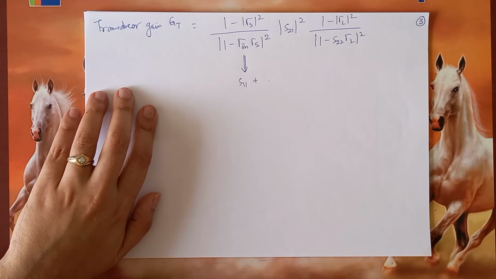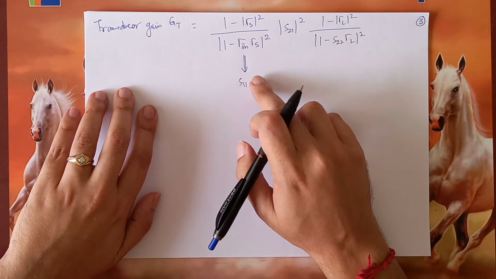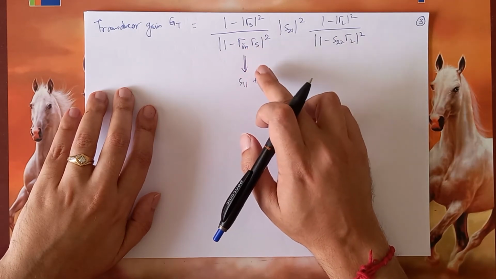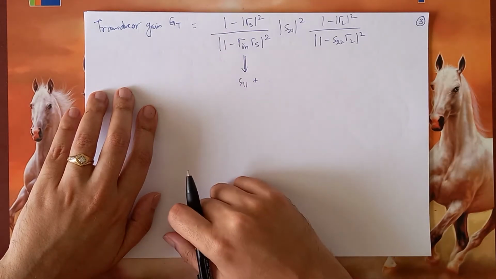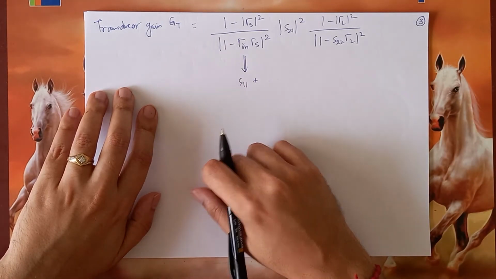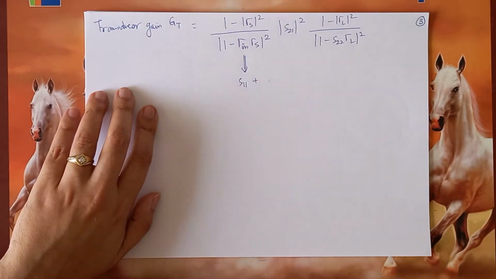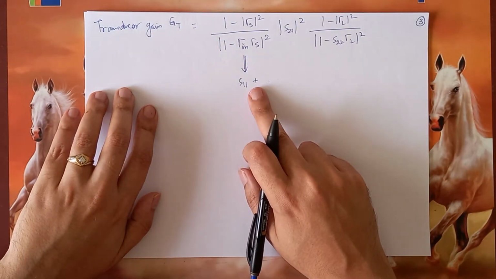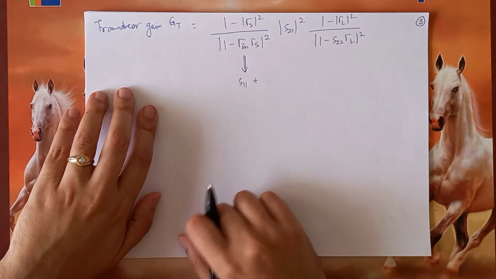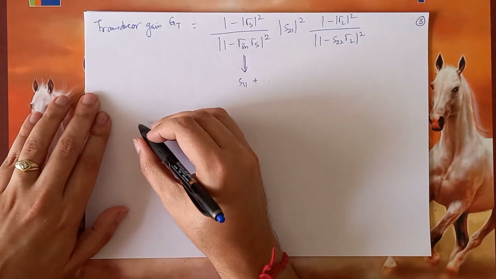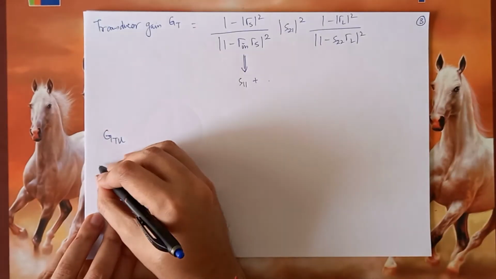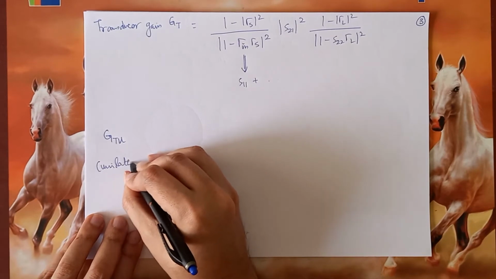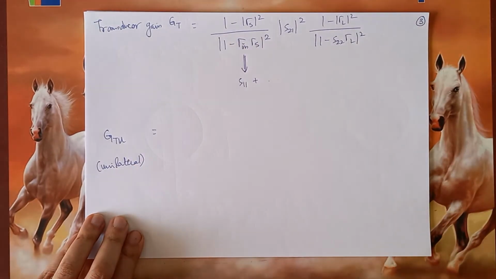Suppose gamma in is more than S11, which is quite likely. We will get some value of GT. But if I force that gamma in is equal to S11, then I will get what is called GTU, or the unilateral gain, where gamma in essentially becomes S11.